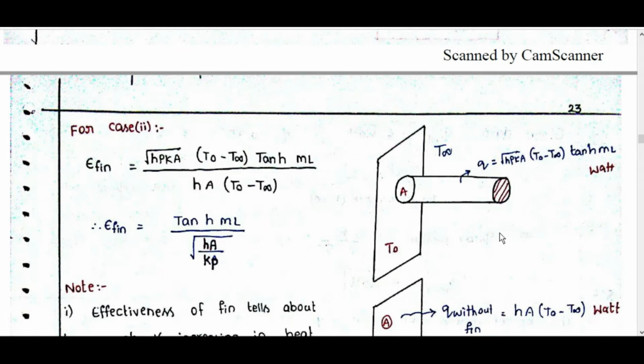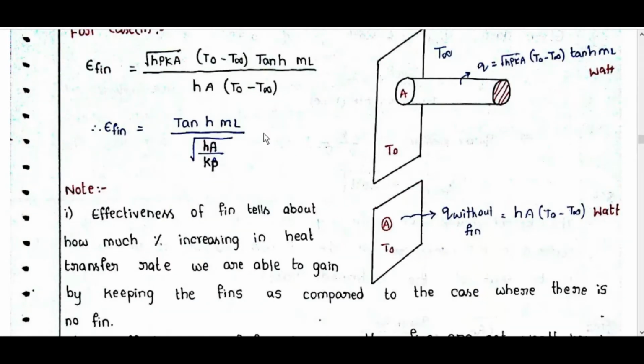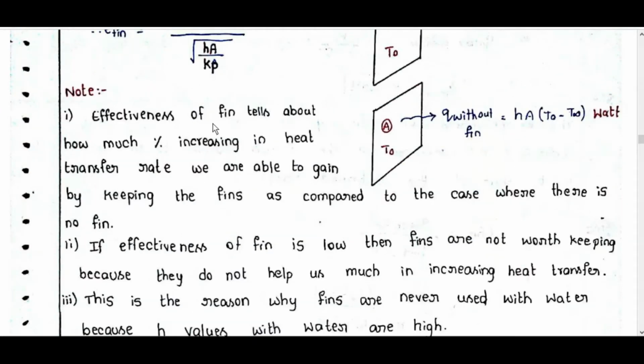This is T naught, this is T infinity, without fin. Epsilon fin is equal to tanh mL by root(hA by kP) divided by... Effectiveness of fin tells about how much percentage increase in heat transfer rate we are able to gain by keeping the fin as compared to the case where there is no fin.